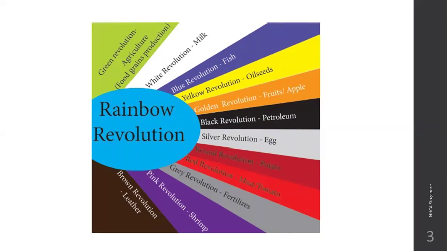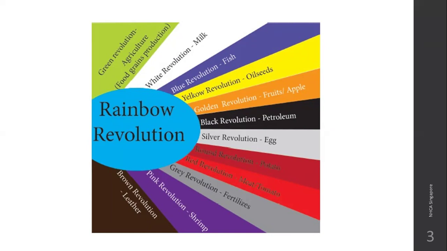All these different segments in which revolutionary programs, shifts or laws have been made just to increase the nutritional status of the population, combined together, we call the rainbow revolution. Like the white revolution, where cooperative milk societies like Amul were formed.